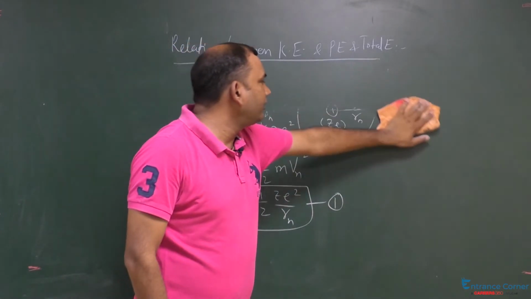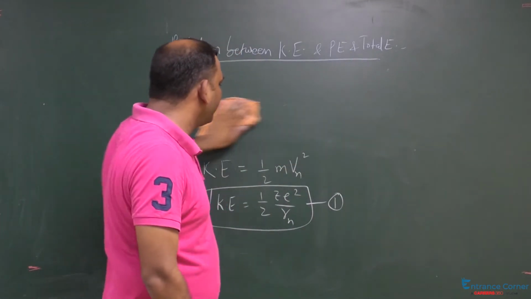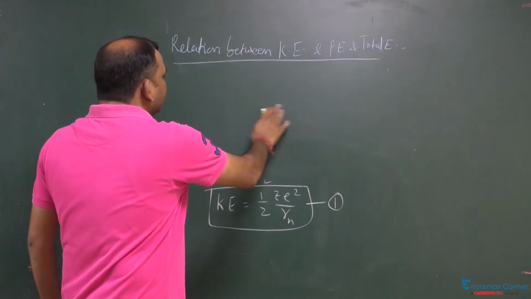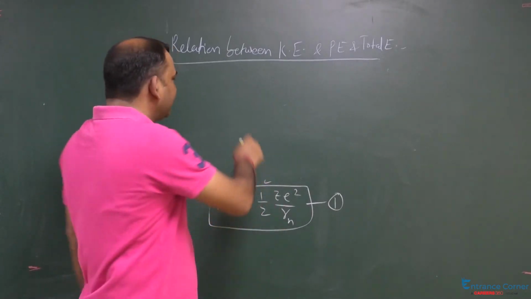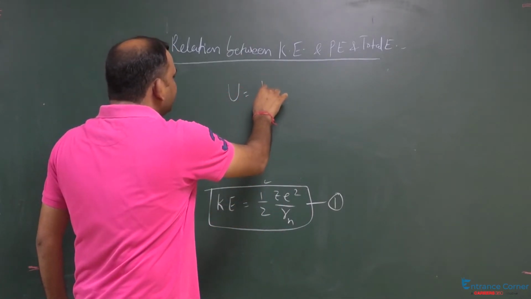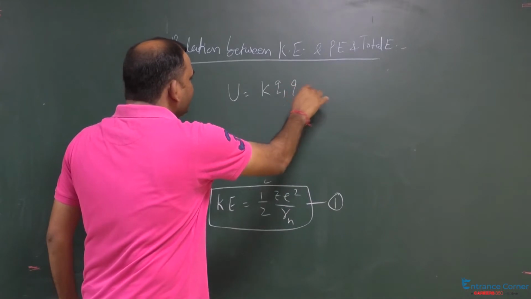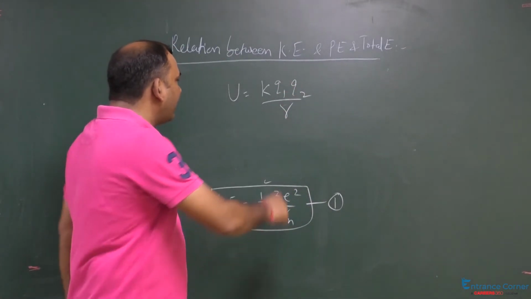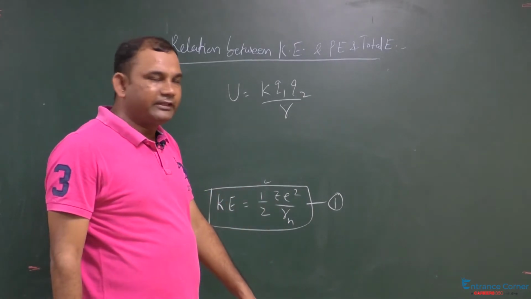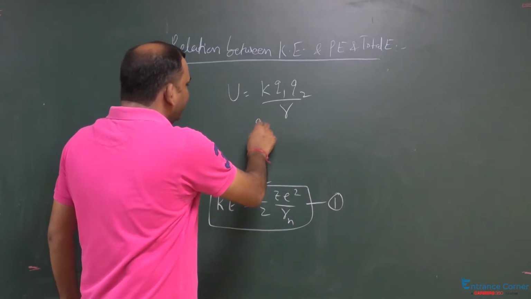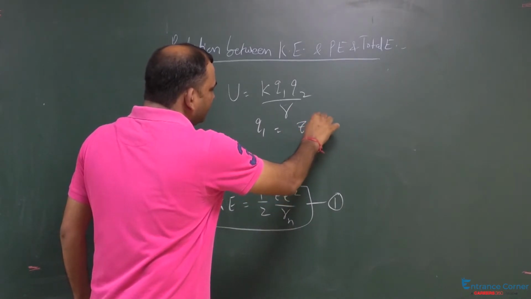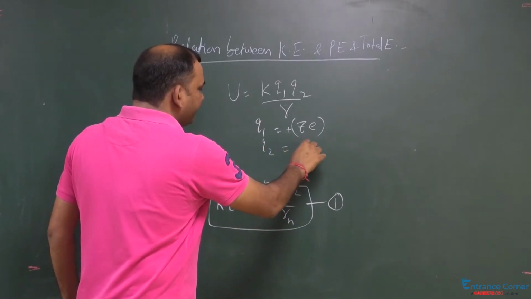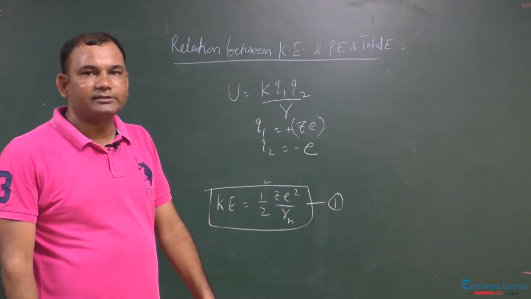Now, we talk about the potential energy. We studied in electrostatics that potential energy is K Q1 Q2 by R, where Q1 and Q2 are charges and R is the distance between these two charges. Now, Q1 is the charge on all the protons, that is equal to plus Ze, and Q2 is the charge of the electron, that is equal to minus e.